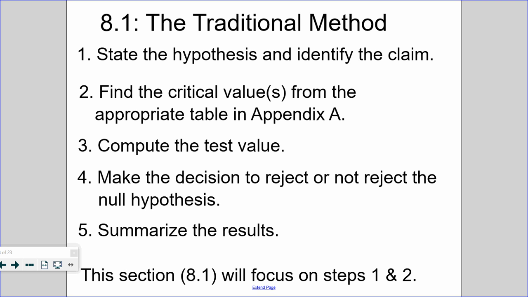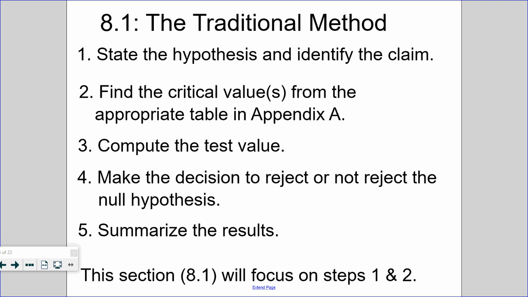Then we'll compute a test value. So depending on what we're trying to find, if it's a Z or a T, we'll compute that value. This process right here, you've done this before. That's what we did in chapters 6 and 7. And then the decision-making process happens.